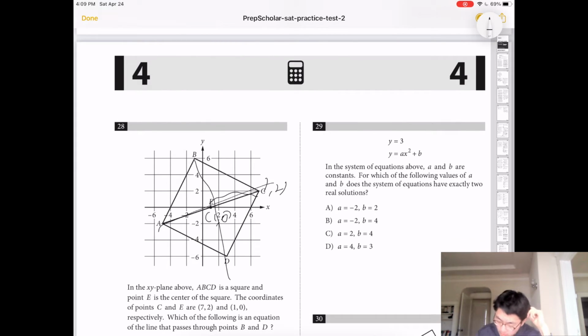Number 29, which of the following values of a and b gives the system of equations exactly 2 real solutions? So ax squared plus b is 3, meaning ax squared plus b minus 3 equals 0.